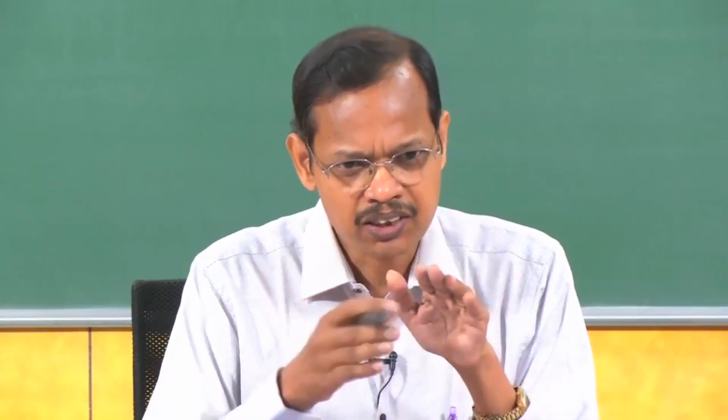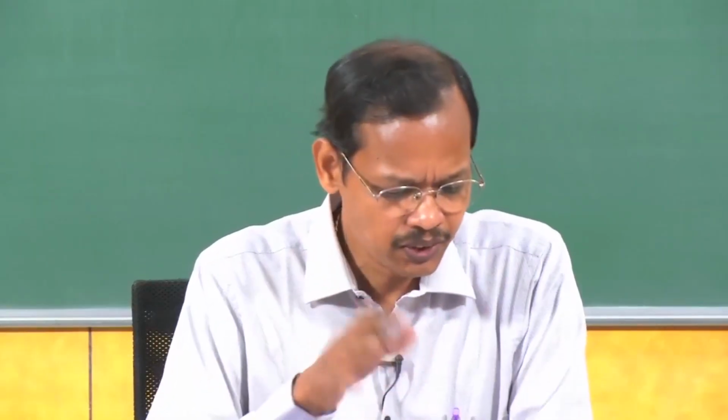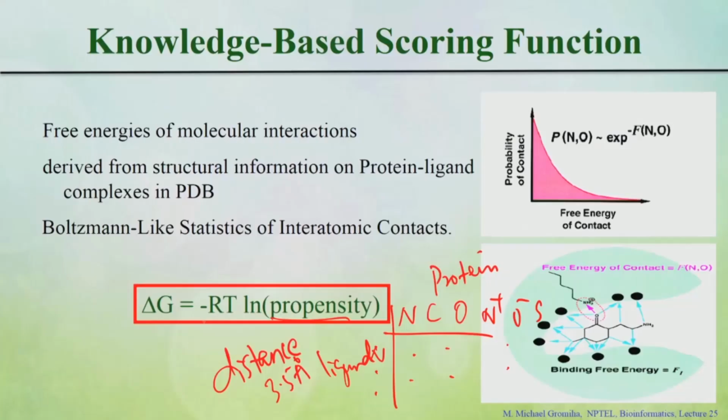Based on the atom contacts we normalize by the total number of contacts, which helps to get this propensity. Then we convert the propensity into the energy potential using this equation, minus RT logarithm of the propensity, because propensity is treated as a kind of partition coefficient, that means data from several samplings. Then this propensity is converted to the free energy using minus RT times the logarithm of propensity.